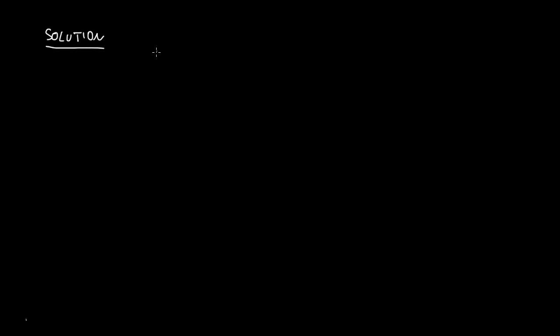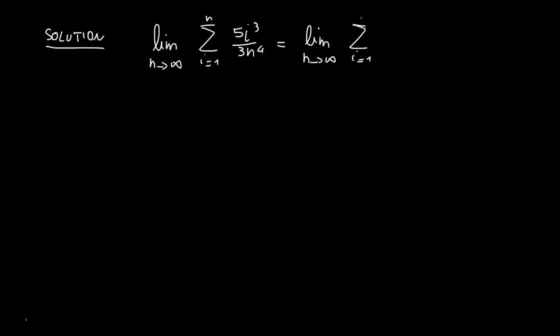How do we solve this? Well, the first thing we need to do is prove that our limit, which I'm going to rewrite here briefly, is a Riemann sum, which is defined as the limit for n that goes to infinity of the sum with i that goes from 1 to n of a certain function f evaluated at the point xi times delta x.